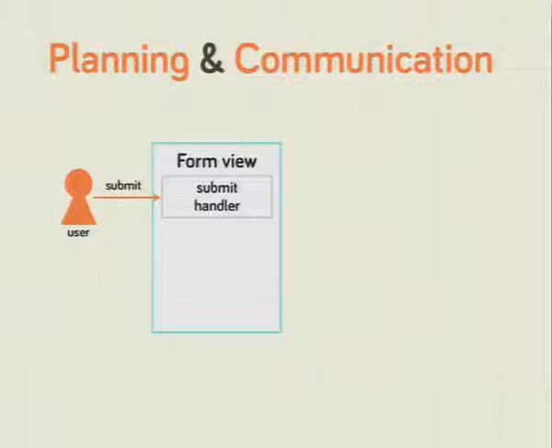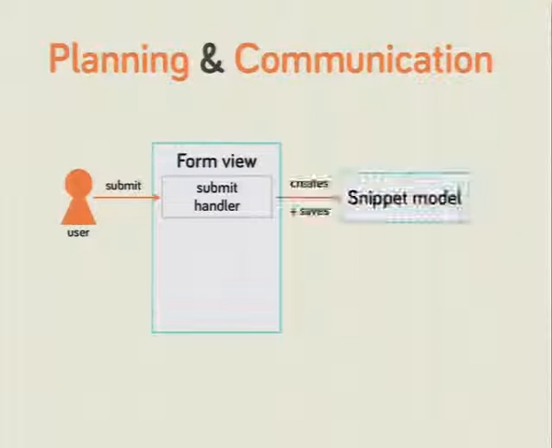So at this point, it's probably worth doing a little bit of planning around how you're going to construct your JavaScript application. So in this case, I'm going to create a Backbone view called form. And that's going to be responsible for rendering the form, but it's also going to have a submit handler. So when the user hits the submit button, the form view handles that and then creates a model called snippet, and also asks it to save at the same time.